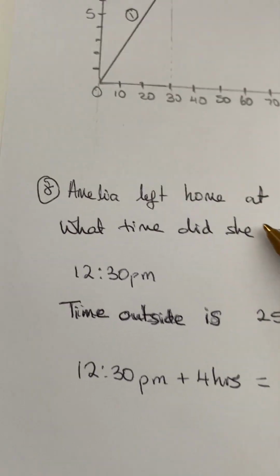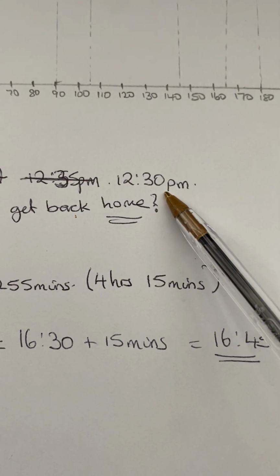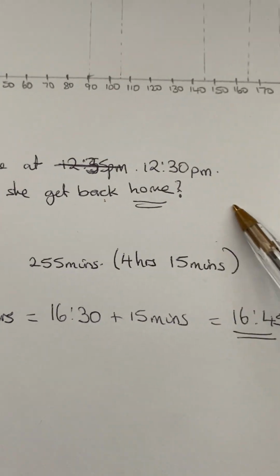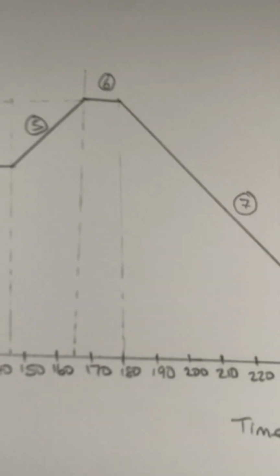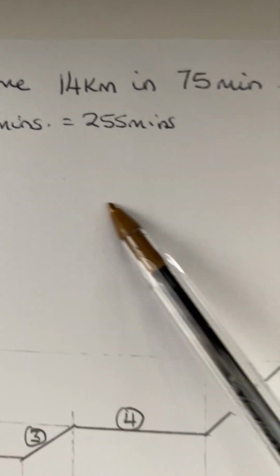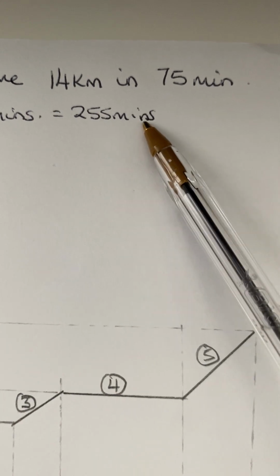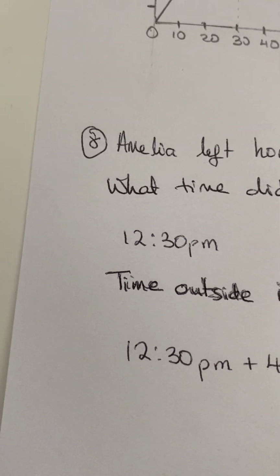Now, if Amelia left home at 12:30, what time did she get back home? We know that in total she's been outside for 255 minutes. Now how do you do that?